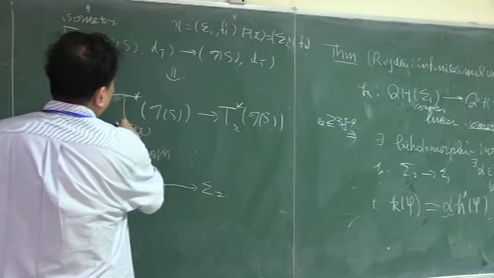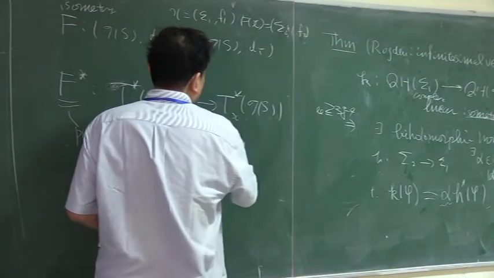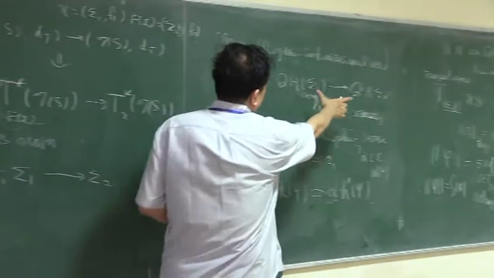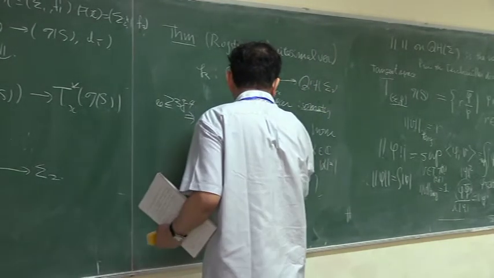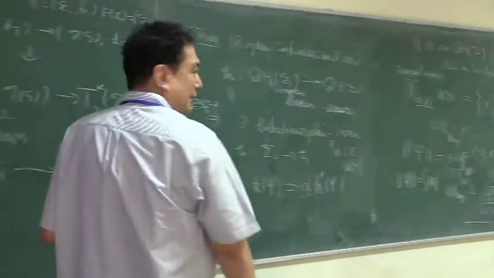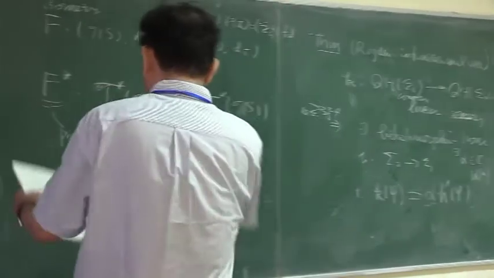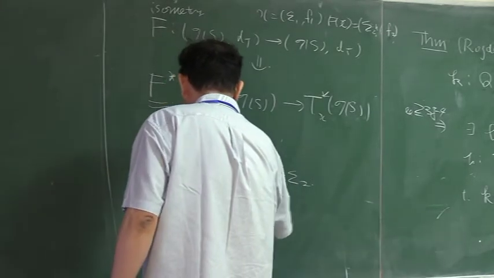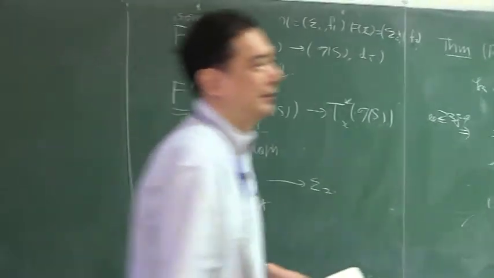Then this is a map from the cotangent space at (sigma 2, F2) to (sigma 1, F1). So this should be reversed. So what you get is a map from sigma 1 to sigma 2. Okay. And this H induces this linear map.